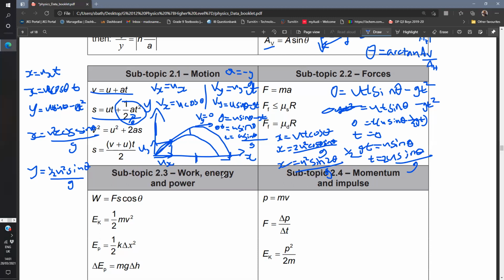So we have a formula for this. You may need to memorize part of it for the exam. So F is equal to kv. And this is not derived, this is just given.